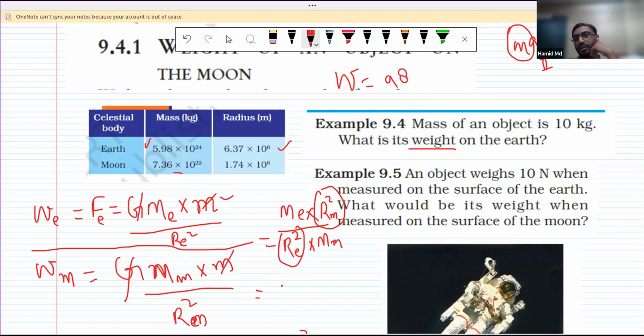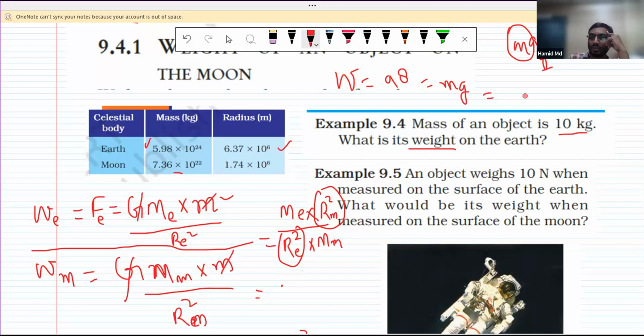It's given as 10 only. Yes, but then we multiply the 10, because weight is equal to m into gravity, which is m into acceleration. So W is equal to 10 kg into 9.8, because the gravity last time we got as 9.8.